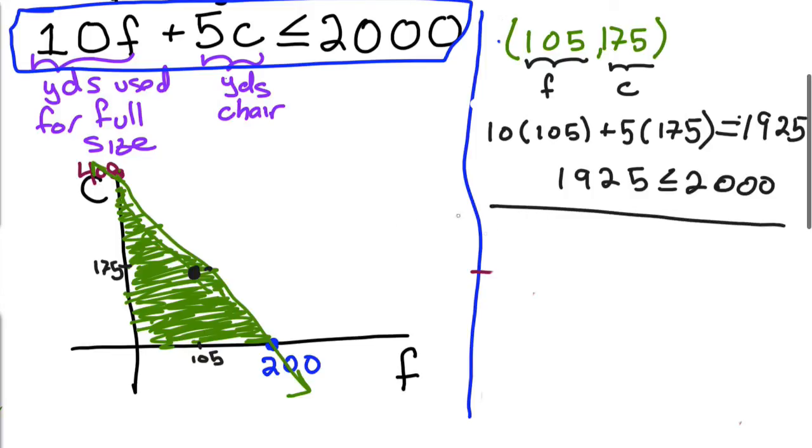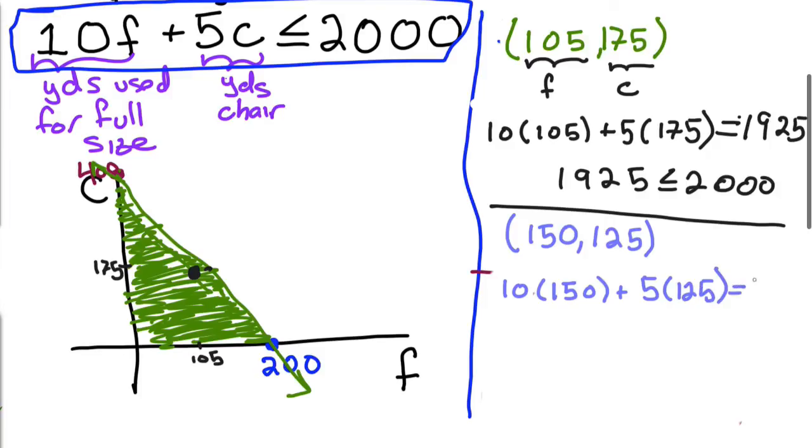Now, let's consider another point. Let's consider the point 150. So 150 full-size hammocks and 125 chair-size hammocks. Now, if I plug those inside of the inequality, I would get 10 times 150 plus 5 times 125.